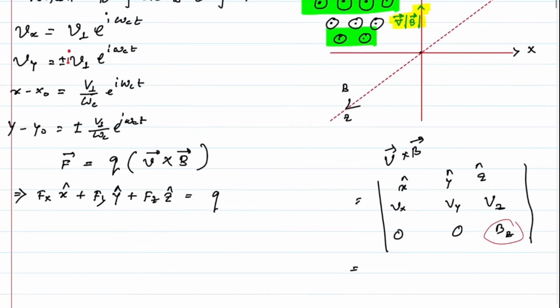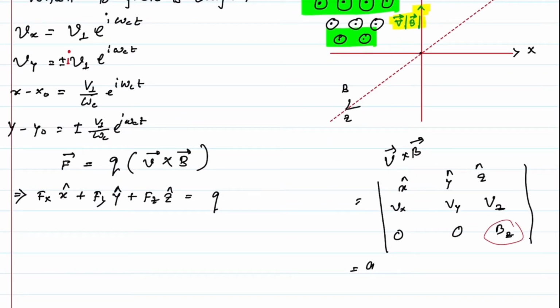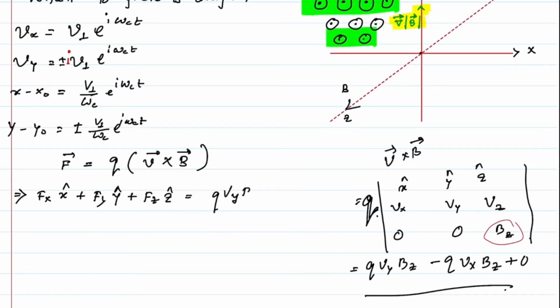So let me scroll up a little bit. Okay, so Q Vy Bz minus Q Vx Bz, and then you will get 0. So if you multiply Q here, you will get this. So we got Q Vy Bz minus Q Vx Bz.